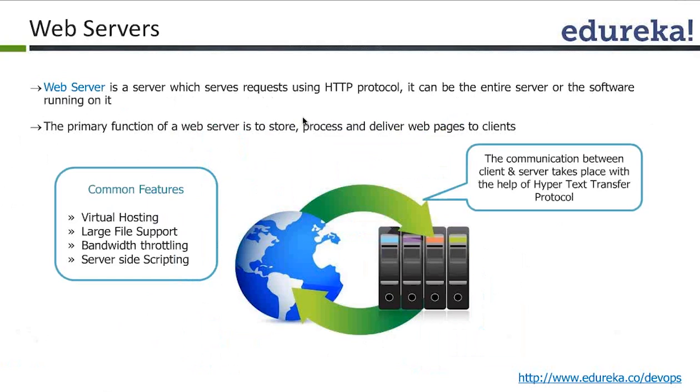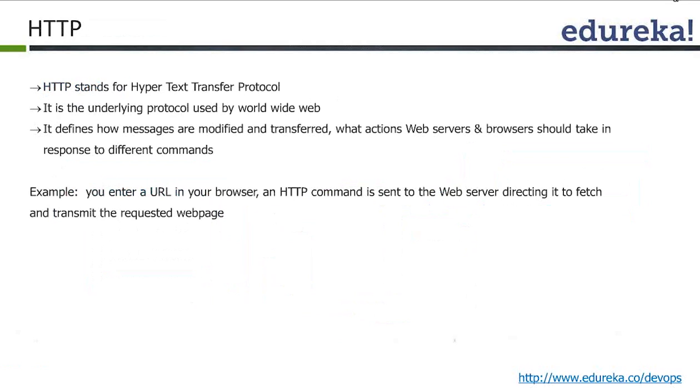Okay, so the primary function of web server is to store and process and deliver web pages. Okay, we all know there are some features like virtual hosting, large file support, bandwidth throttling, server-side scripting. I mean, are all aware of these concepts, or how is it?